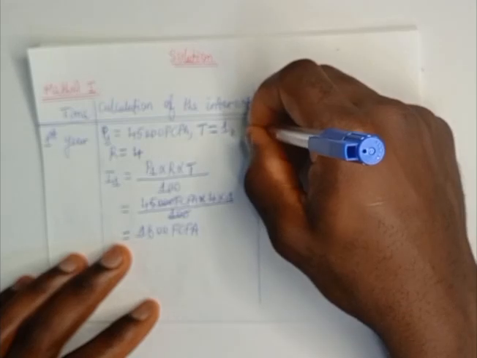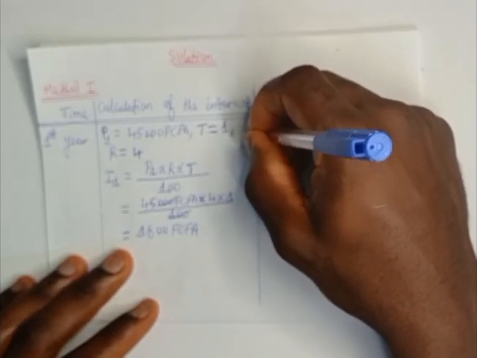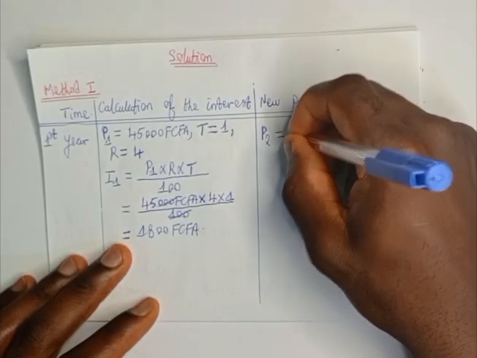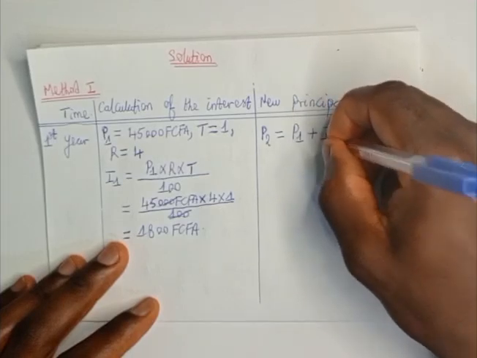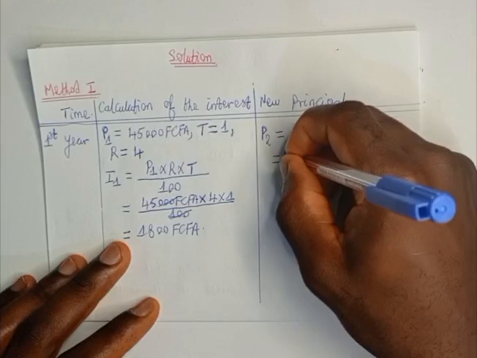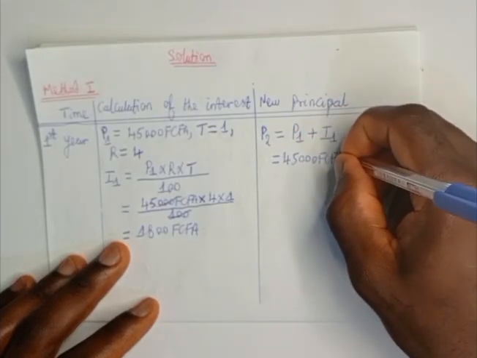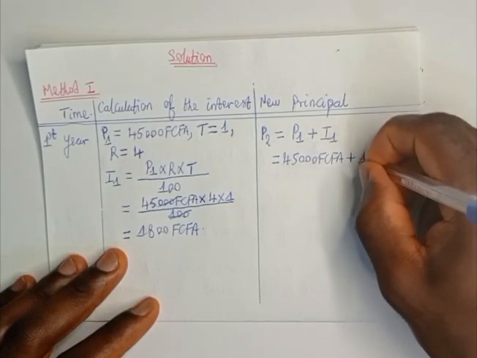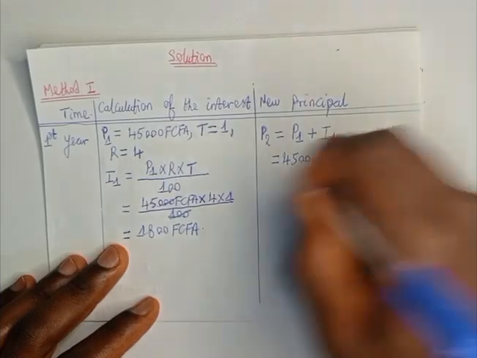Next, we need to calculate the principal which is being invested for the second year. P2 is the principal for the second year. Is simply equal to the principal for the first year, P1, plus the interest made for the first year. This will be equal to 45,000 francs CFA, plus the interest for the first year, which is 1,800 francs CFA.